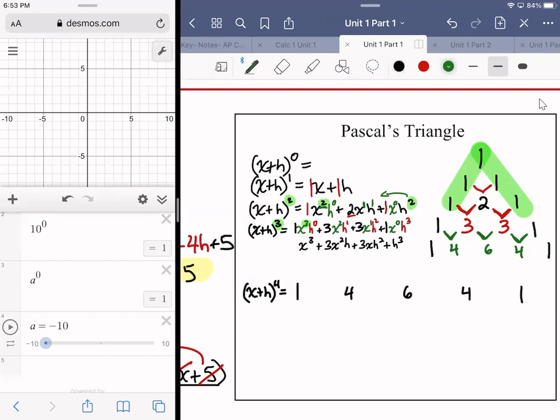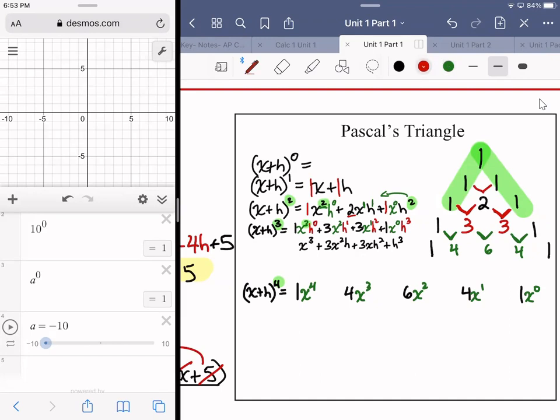Then what I would do is say, okay, I know I'm going to start off with x raised to the 4th power. So x to the 4th, then x to the 3rd, x to the 2nd, x to the 1st, and x to the 0th. All we're doing is writing them in decreasing order in terms of their powers.